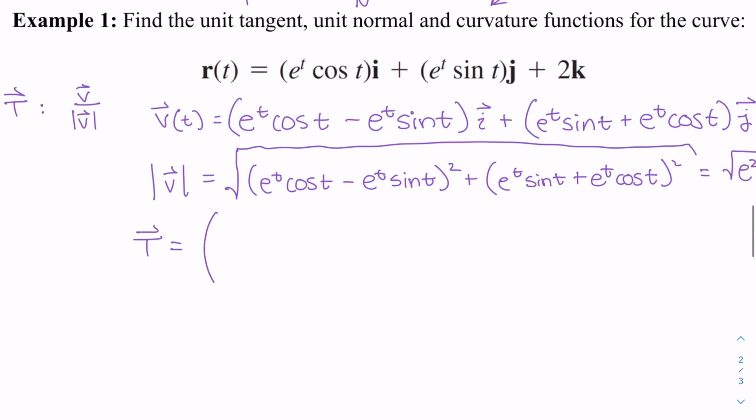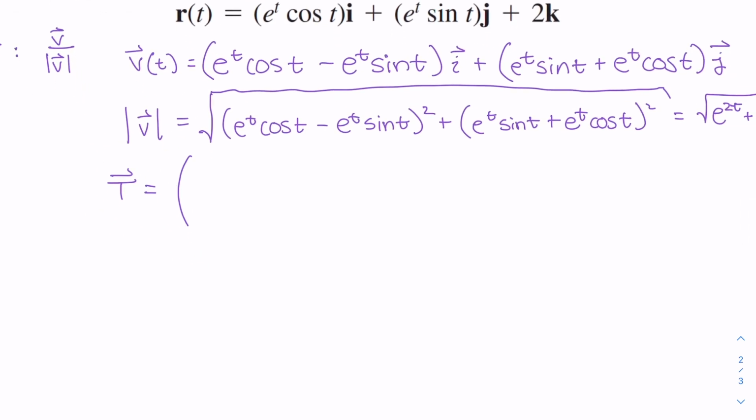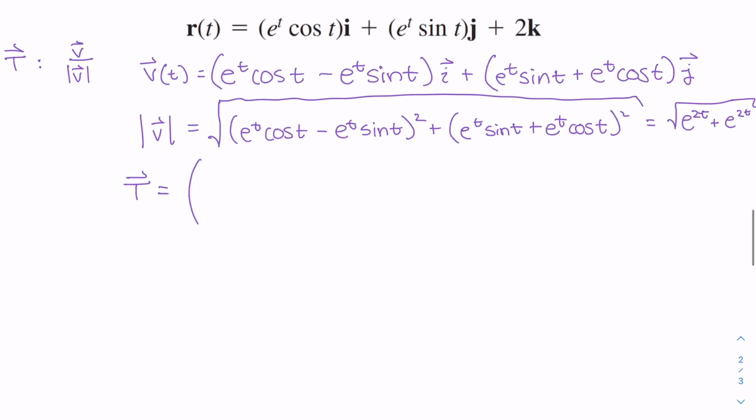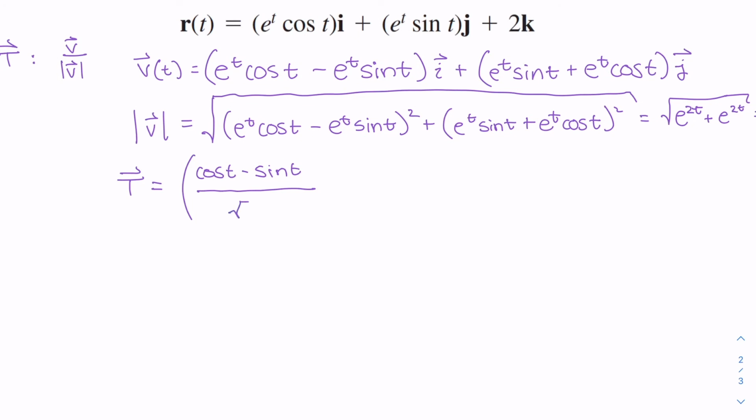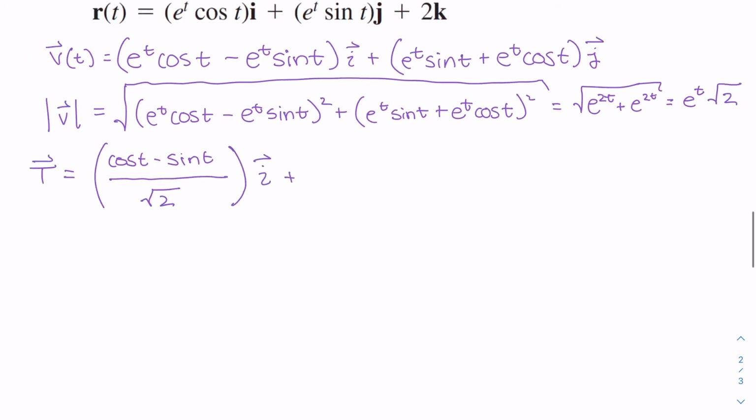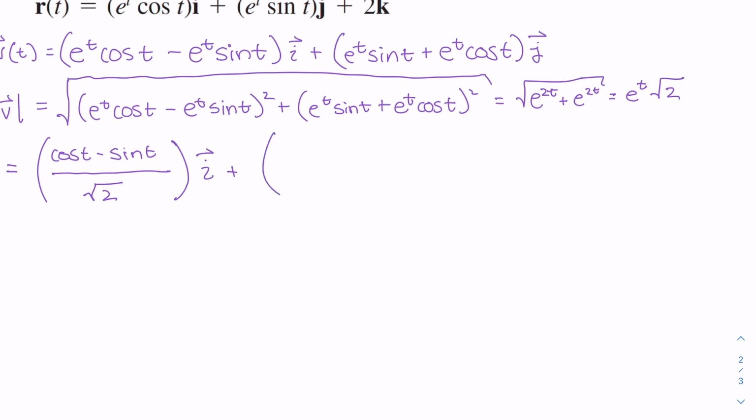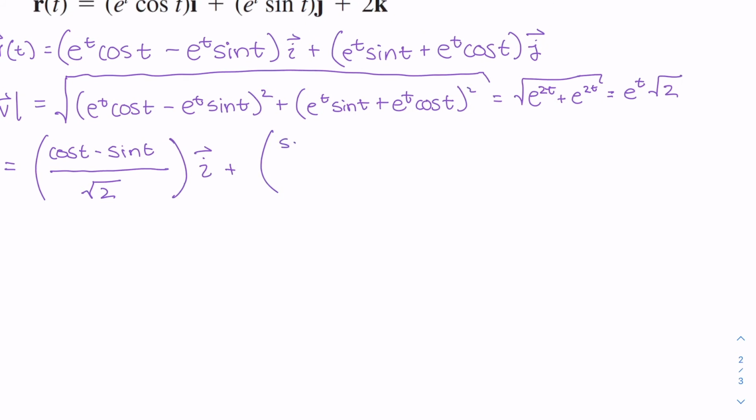So I'll just cancel those out from the beginning and get cosine t minus sine t, all divided by the square root of 2 in the i direction, plus, same thing will happen for this term, sine t plus cosine t, all divided by square root of 2 in the j direction.